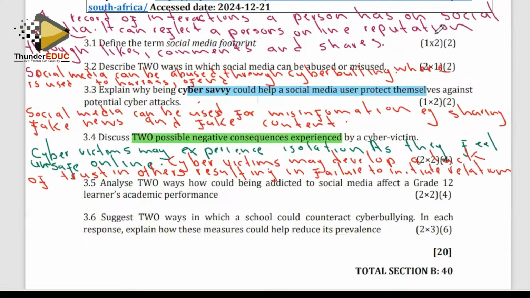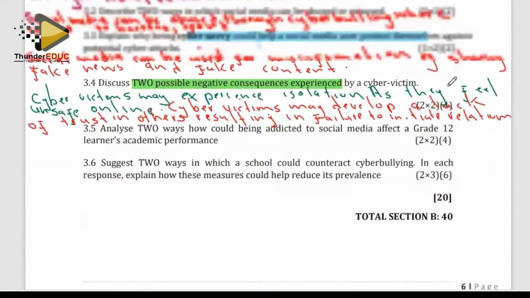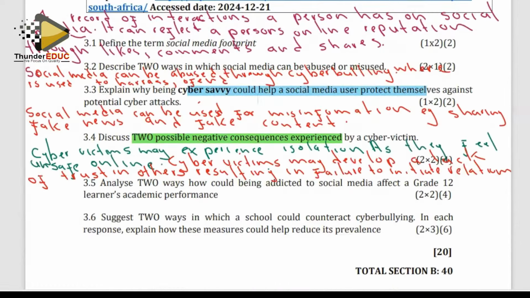Cyberbullying victim. Then 3.5, analyze two ways in how being addicted to social media can affect grade 12 learners' performance. So for this one, we would write it below 3.5.